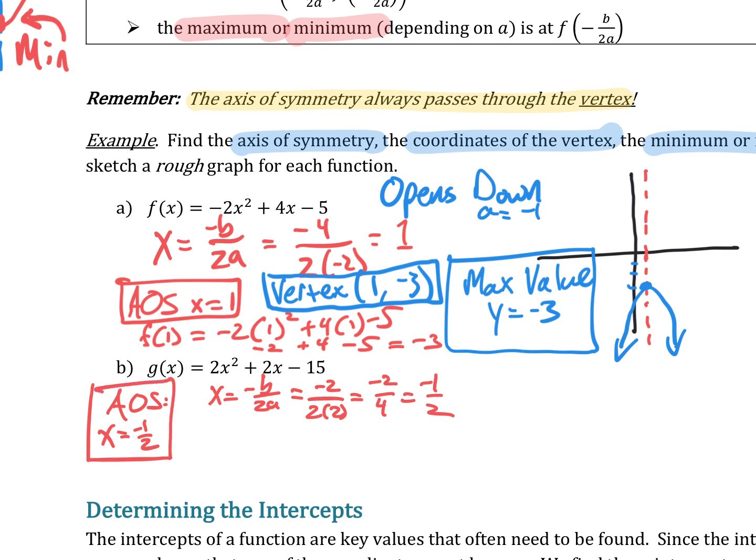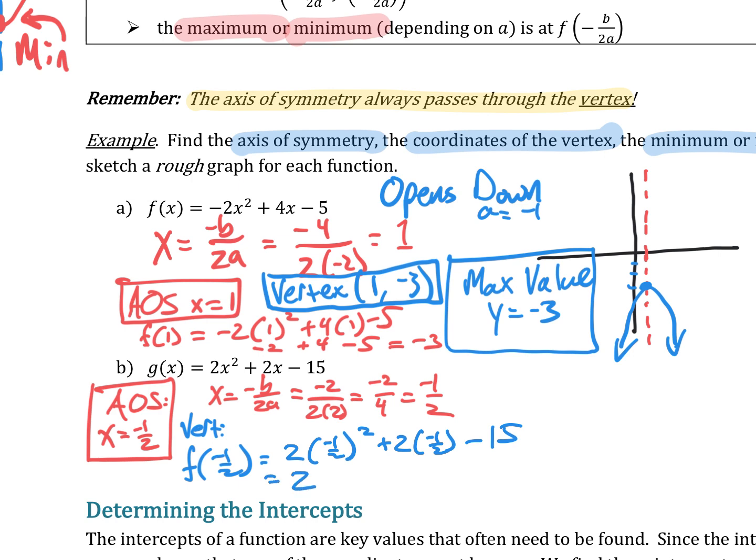Now to find our vertex here, we've got to plug that in. All right, so we're going to find f of negative 1/2. Got to work with some fractions here. Going to plug in negative 1/2 for our function here. Oh, I'm sorry, this function here. So we have 2 times negative 1/2 squared plus 2 times negative 1/2. Be real careful with your arithmetic here.